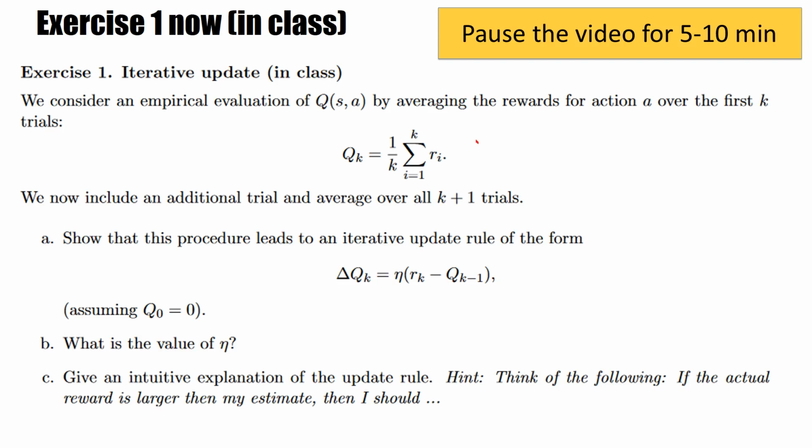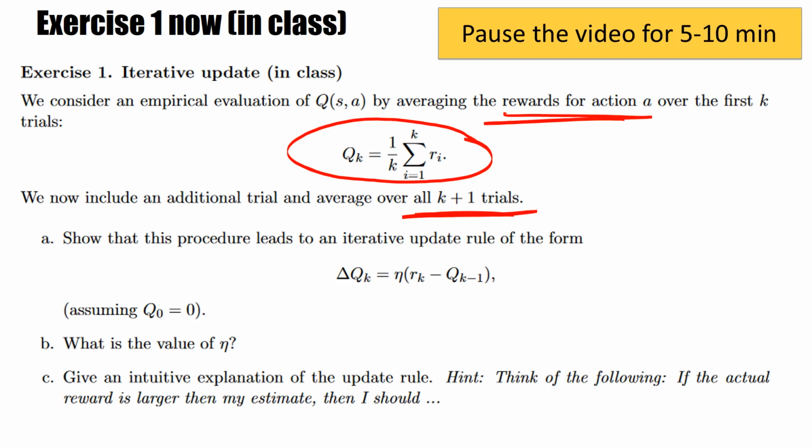Empirical average means for this branch, for this action, you average over all the rewards that you have received for this action over the first K trials with this action. And now we include one additional trial, which means we play this action once more. And I want you to show that this leads to a specific update rule and you get a specific result for eta.